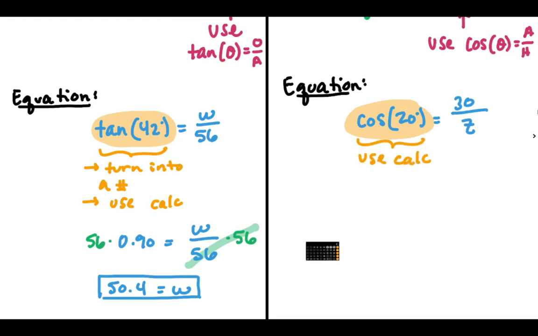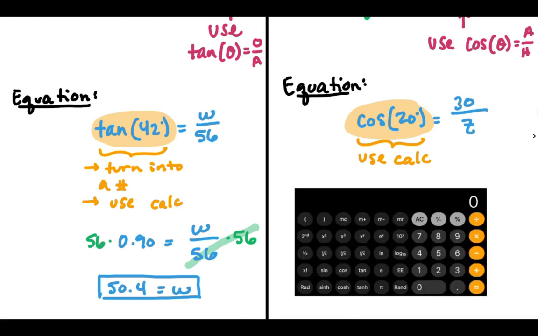And again, just in case we don't remember, I want to show one more time. To do cosine 20 on our calculator, we're going to punch the number 20 into the calculator and then find our cosine button and click that button. And whatever number pops up is going to be cosine 20. So I'm going to do that right now. I get another really crazy decimal, 0.9396926, and so on.